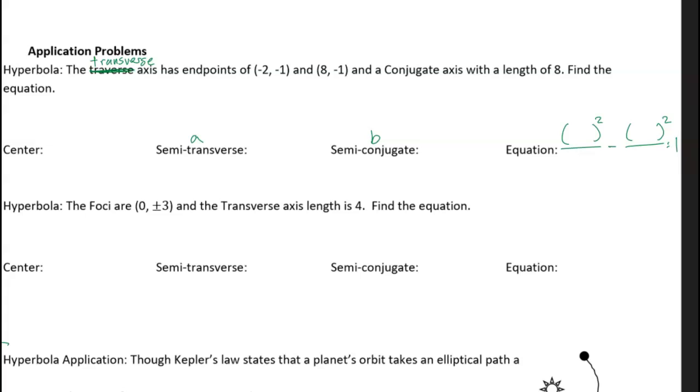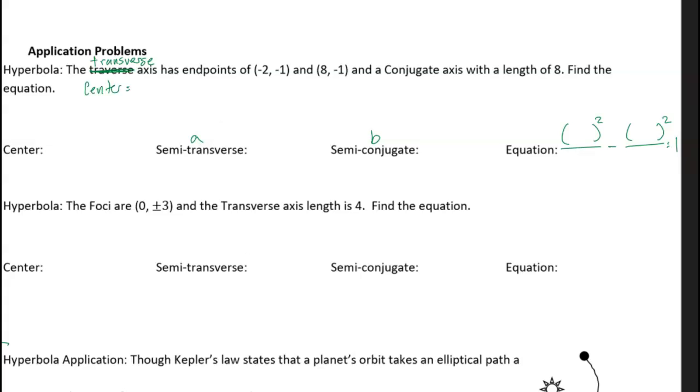Who knows how we can find the center? Yes, exactly, Samantha. They give us the endpoints of the transverse. So all we have to do to find the center is know the average between those 2 points, the midpoint between those 2 endpoints.